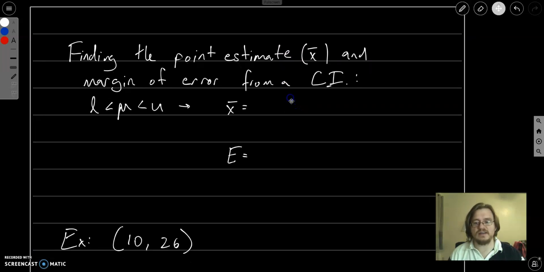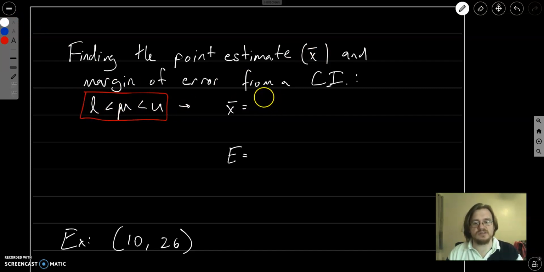And we can take confidence intervals and learn a little bit more from them. So for instance, if we're given a confidence interval where we have our upper limit and lower limit, the sample mean should be the point exactly halfway between the upper limit and the lower limit.